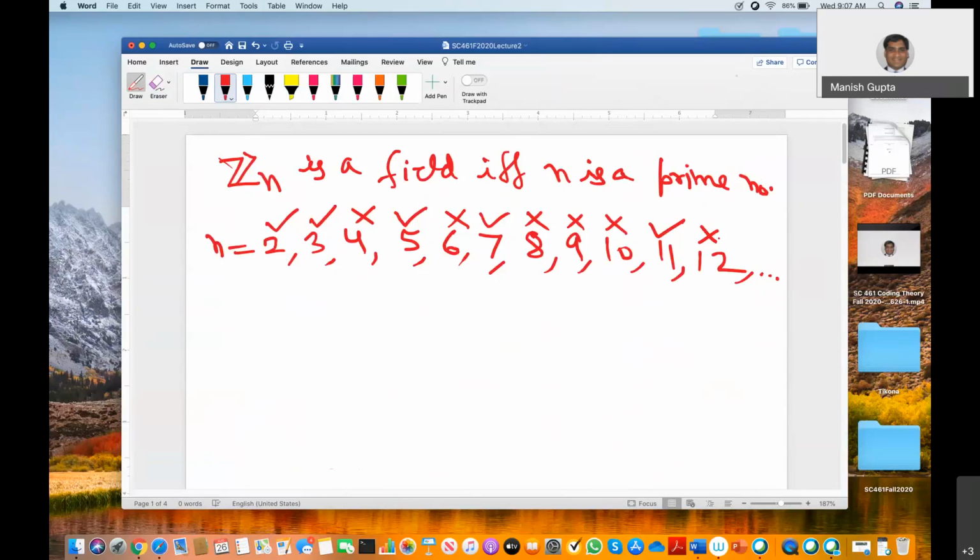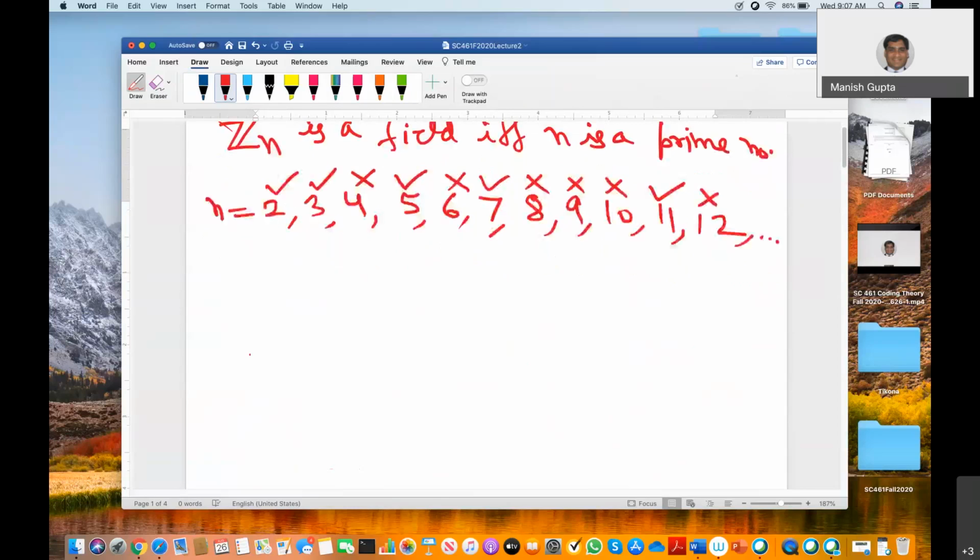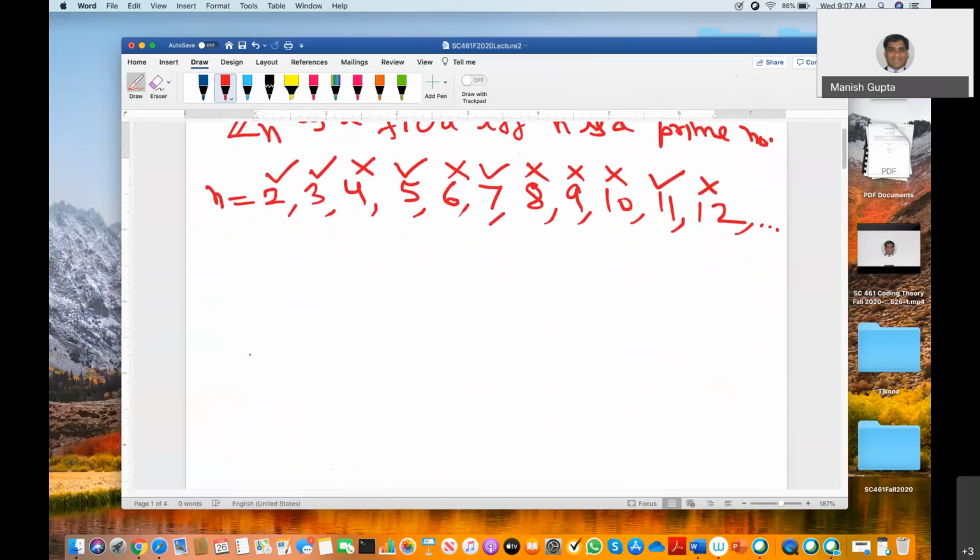So let us focus on the case n is equal to 4. We know that Z4 is not a field.